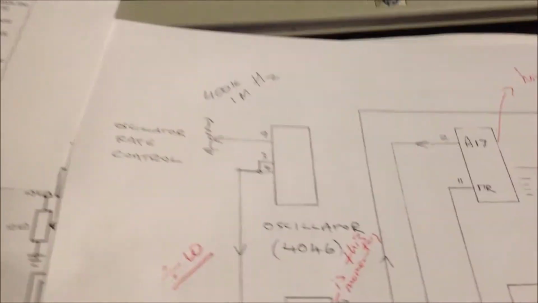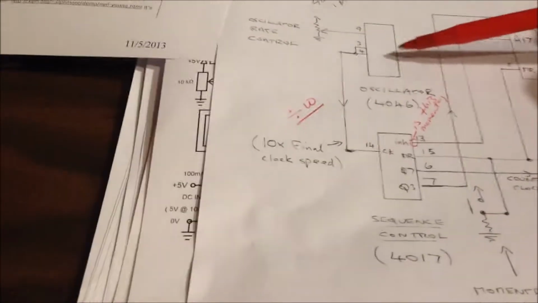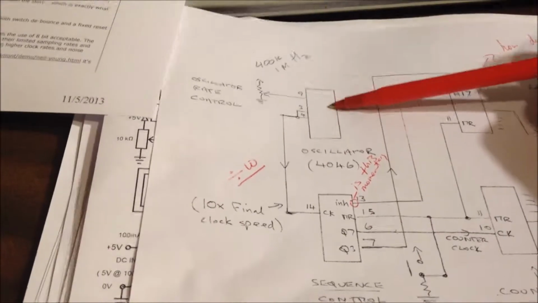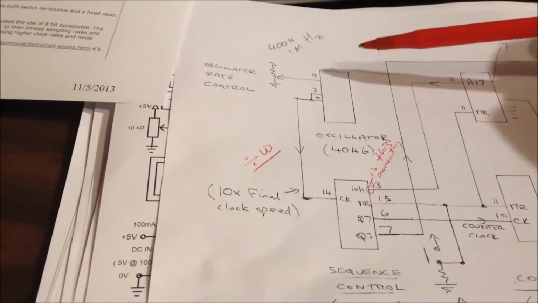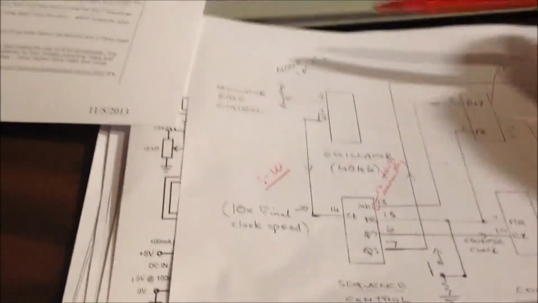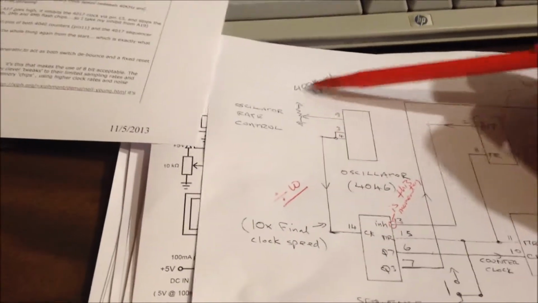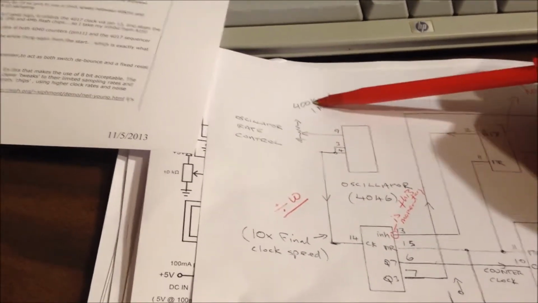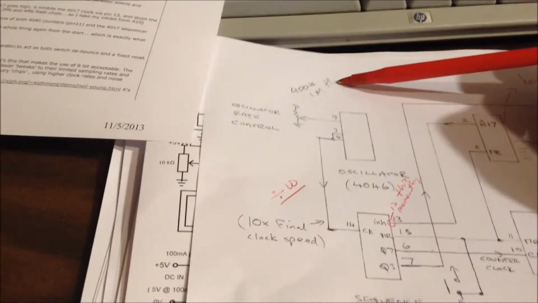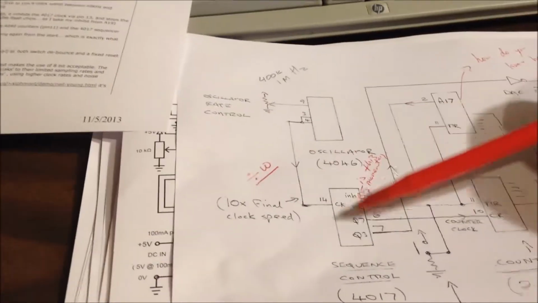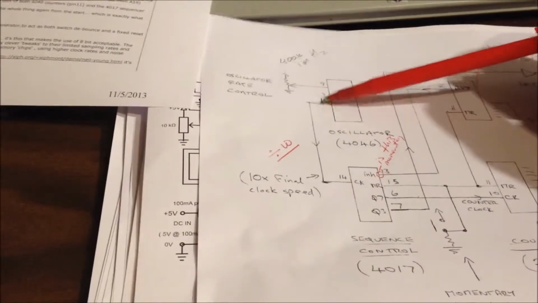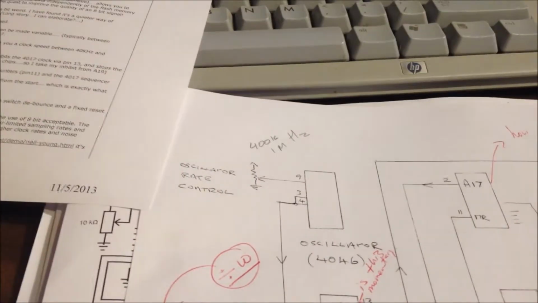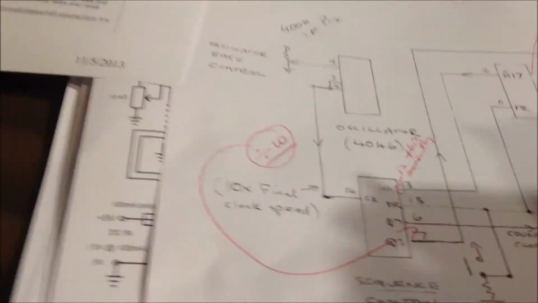Anyway, okay, so what we have is a voltage controlled oscillator with a 4046 phase locked loop chip. Adjustable voltage gives us a 400K to 1 megahertz clock. Sorry, I made an error there.